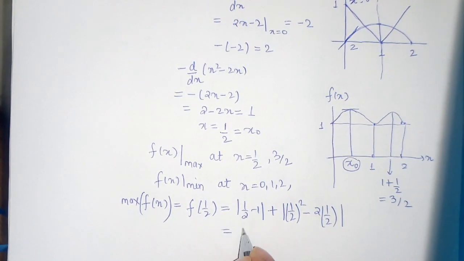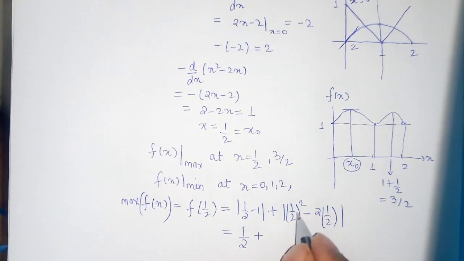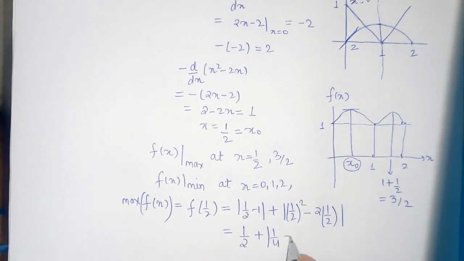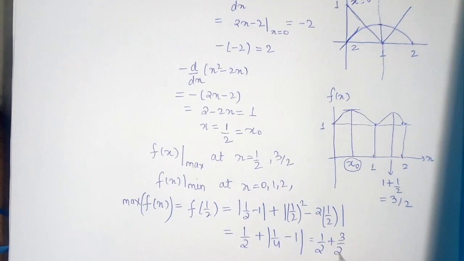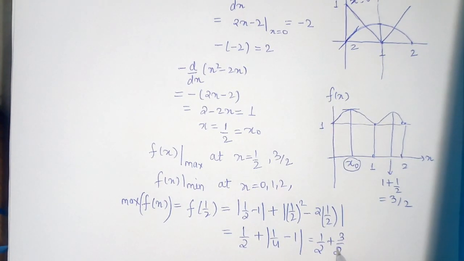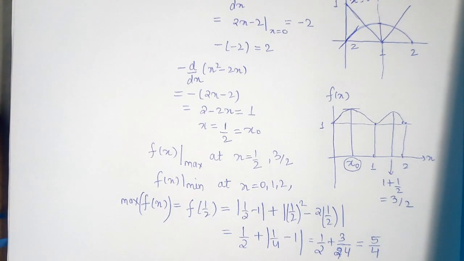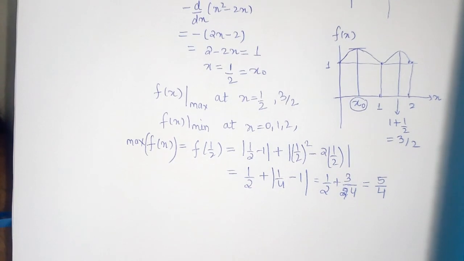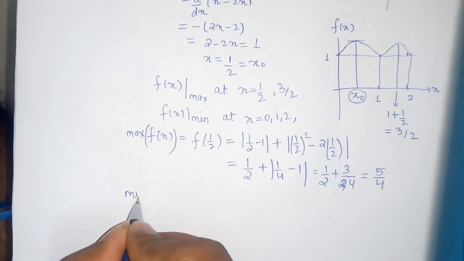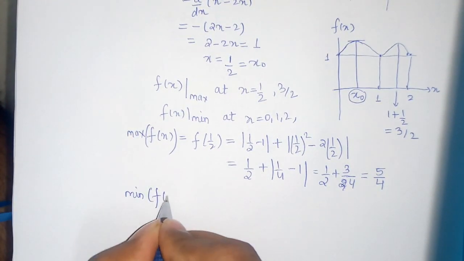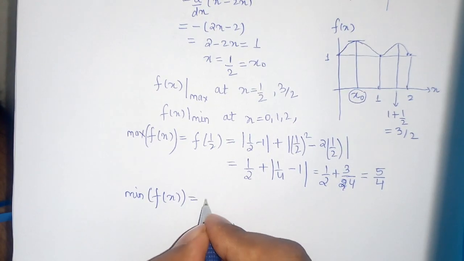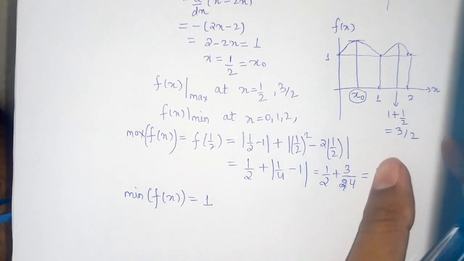This is half plus 1 over 4 minus 1 in modulus, so this is half plus 3 over 4, which is 5 upon 4. And the minimum value of f(x) is 1, which is clear from this picture.